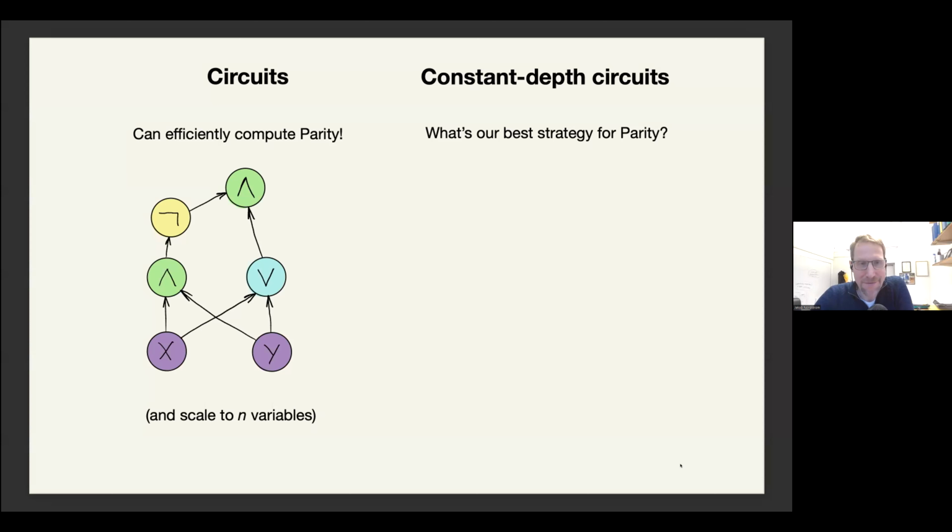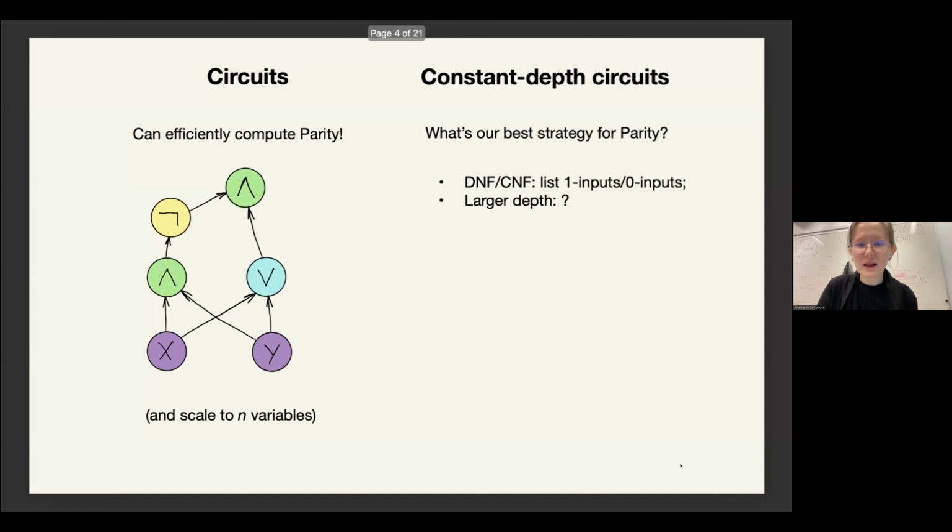So for CNF, you will just get the exponentially many clauses that rule out even parities, right? And yes, that's the best we can do. True. So for CNF or DNF, in the DNF case, you list all the one inputs. So you're just saying that your input is one of the one inputs of parity.